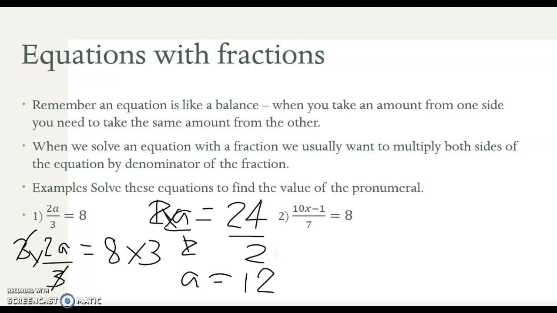Let's have a look at number 2. Again, I don't like working with fractions, so I'm going to get rid of that. I'm going to do the opposite of dividing by 7, and I'm going to multiply the left-hand side by 7.